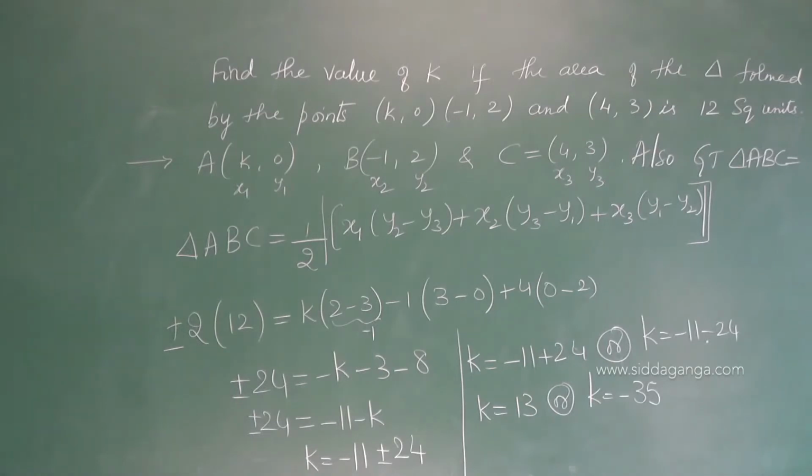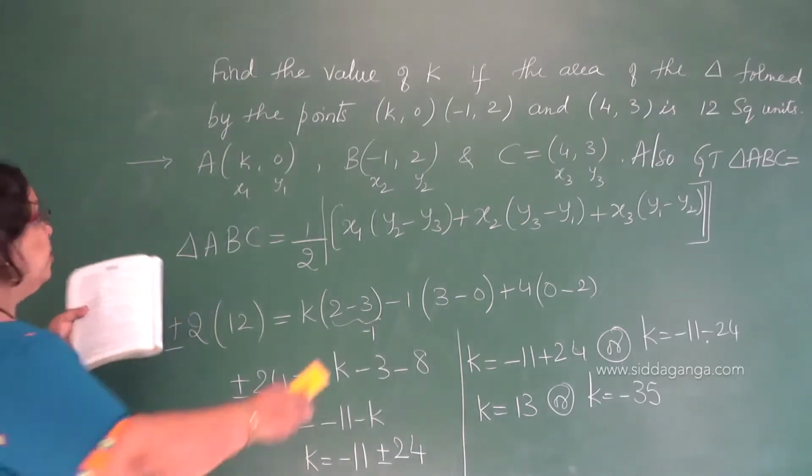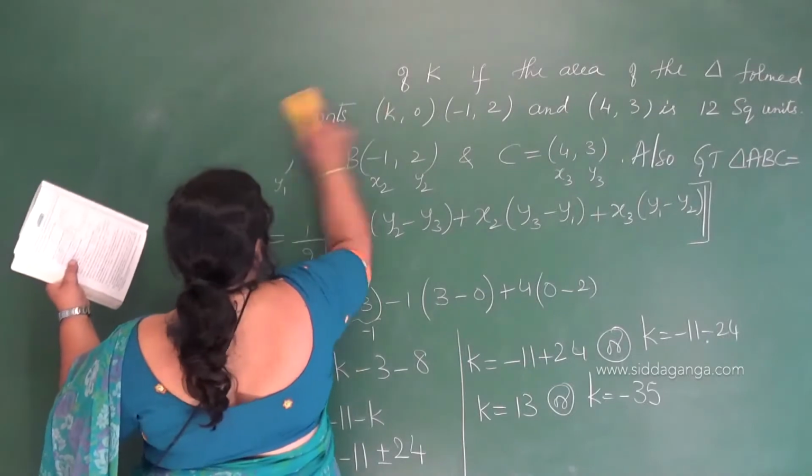So if x comma y is a point, this is one of the competitive part problem here.